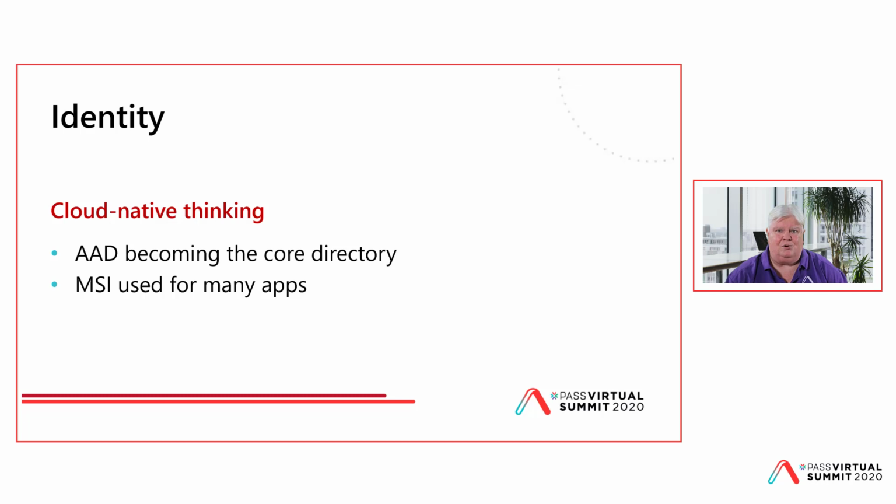It's also important, wherever possible, to try and use what are called managed service identities. So if I have something like Azure Data Factory, and I need to use that to manipulate data, and I need it to connect to SQL Server, now, I can go through and set up SQL Server authentication and use a username and password and connect it up that way.